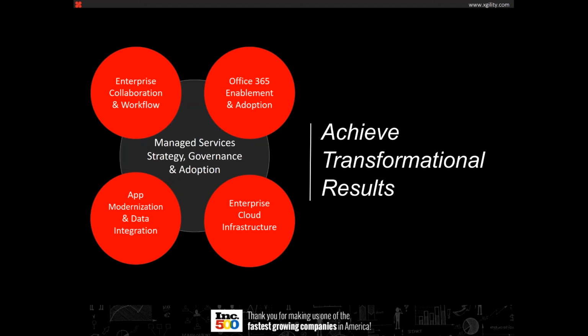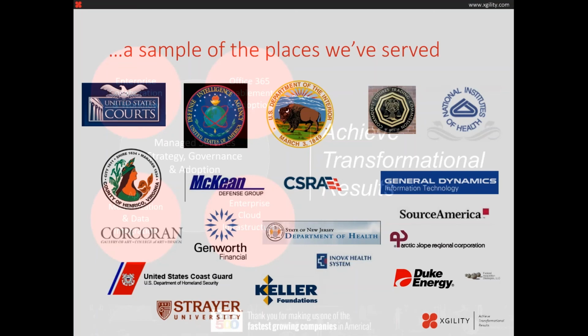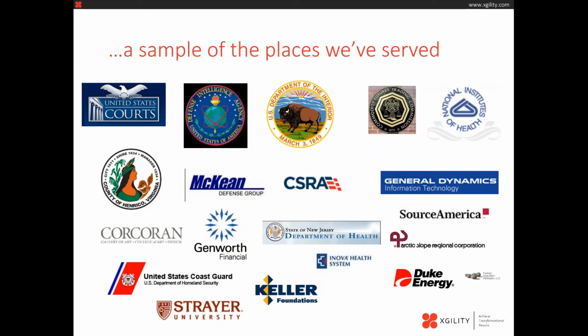The third area of our practice is application modernization, and that's a lot of legacy applications that might exist on Unix systems or Oracle databases and making them cloud ready. And then finally, enterprise cloud infrastructure, which includes our security practice. Our tagline is achieve transformational results, and all the solutions that we develop are designed to help our customers become more effective and achieve transformational results in their business.